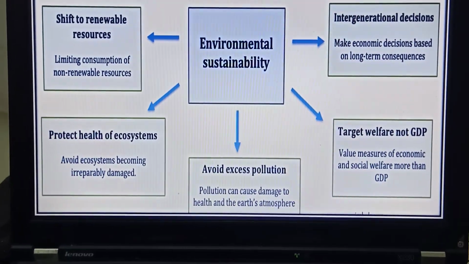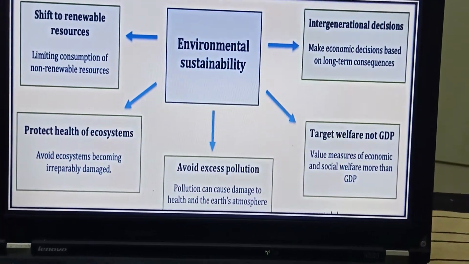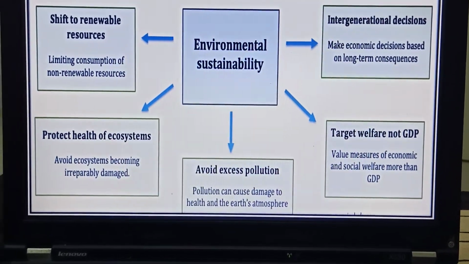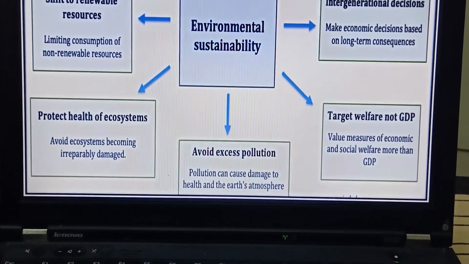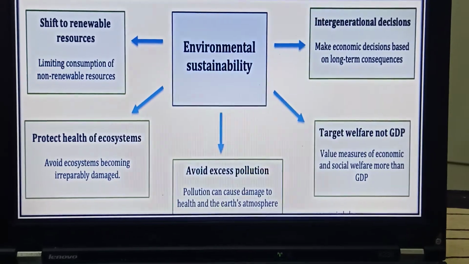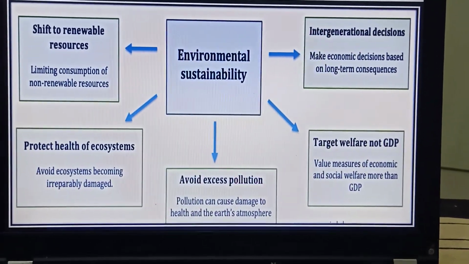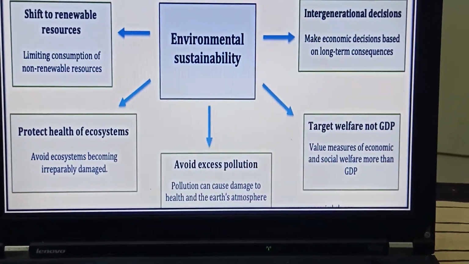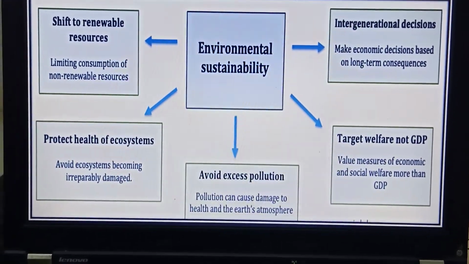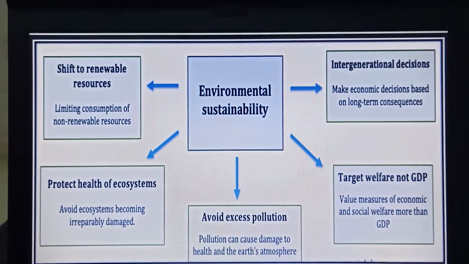Environmental sustainability can be maximally achieved by the following points: shifting to renewable resources. If we limit our usage of non renewable resources and focus more on renewable resources, we come one step closer to environmental sustainability.